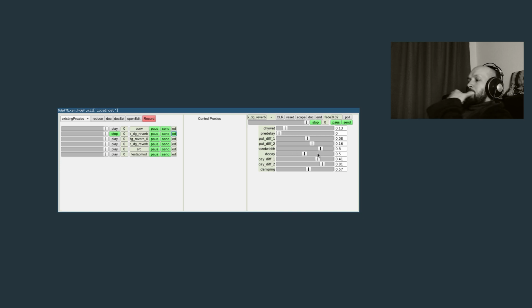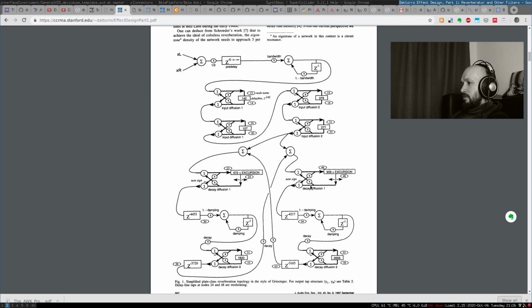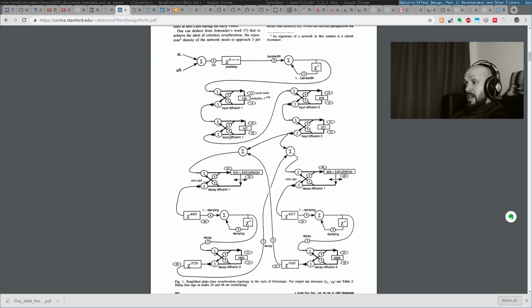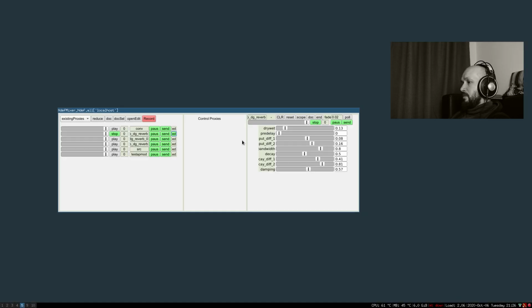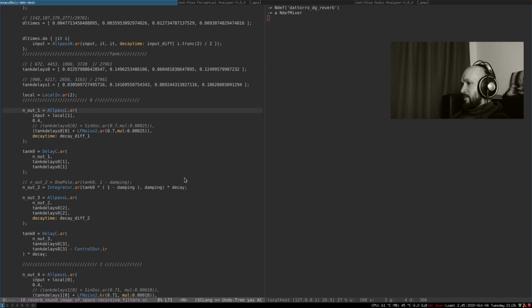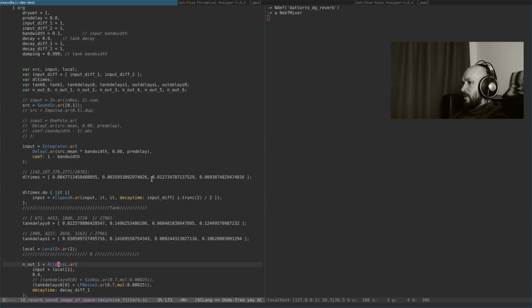I made the controls especially for input diffusion and decay diffusion as close as possible to those that were specified in the paper, taking into account that they will not be identical here and here, because I still use the input diffusion parameter just for the decay time of these filters. Here you can see decay time equals decay diff 1, and the same goes here.